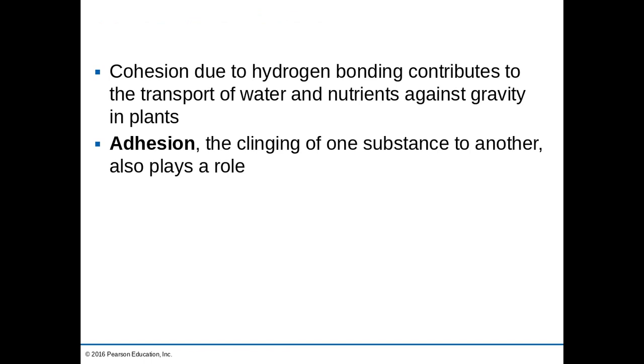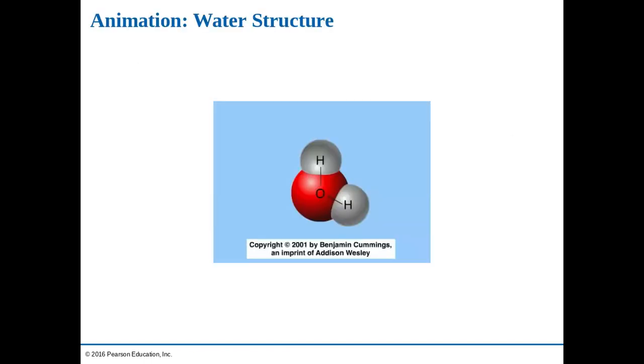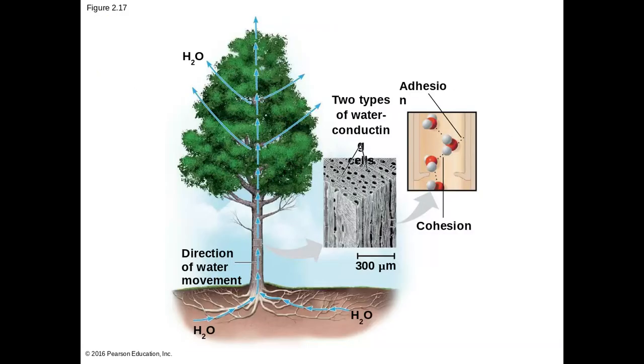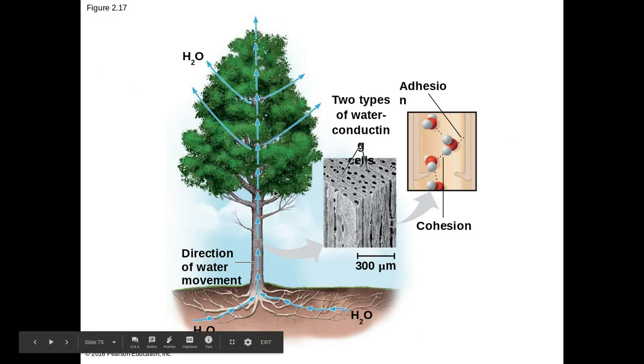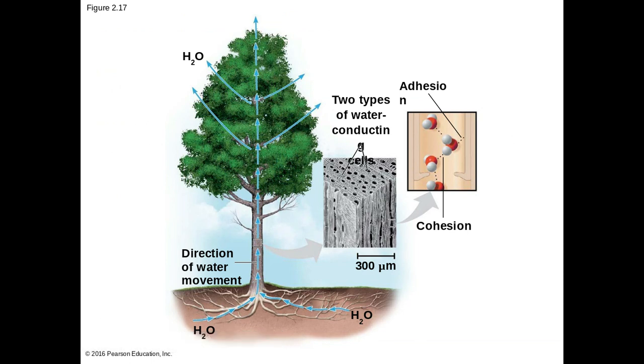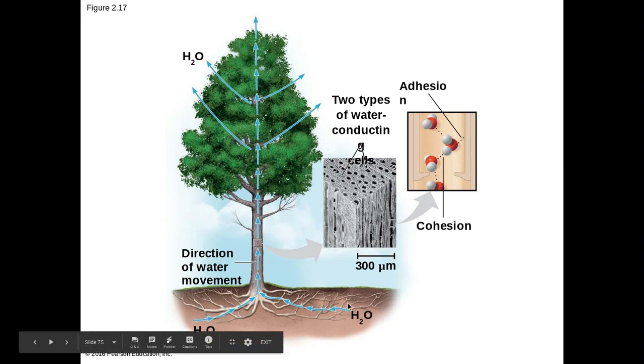Like an adhesive, it's something that sticks to something else. When water sticks to something else, it's called adhesion. Adhesion is climbing up the sides, and cohesion allows the water to rise up the middle. If you put a straw in a cup, you can see water automatically goes up the straw. That's due to cohesion and adhesion. The same thing happens in plants.